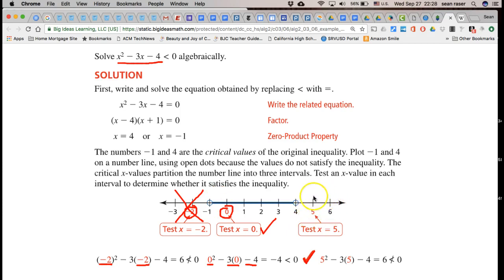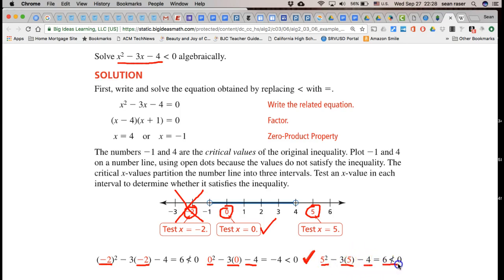For the last region, we're just picking 5. Again, we could pick 6, or any number greater than 4. We happen to choose 5. So we plug 5 into our original equation: 5 squared minus 3 times 5 minus 4. We get 25 minus 15 is 10, minus 4 is 6.